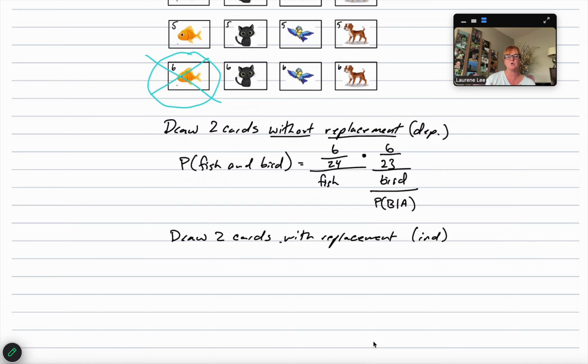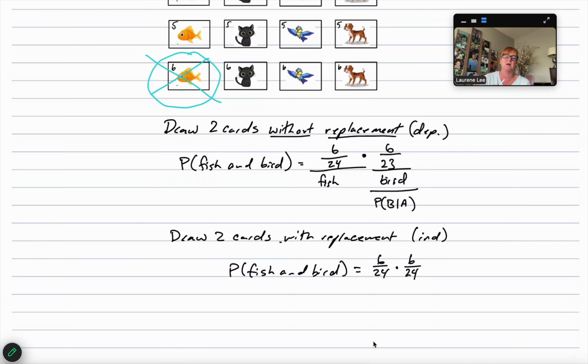So I don't have to compensate for this like subtracting 1 from the total. If I want the probability of a fish and a bird again, but I'm replacing the card, now it's going to be 6 out of 24. That's the probability of the fish times the probability of the bird, which is still 6 out of 24 because the totals didn't change. You see the difference between the two.